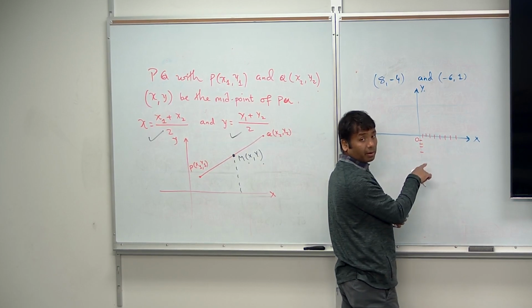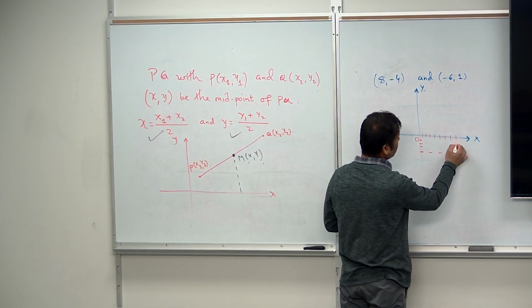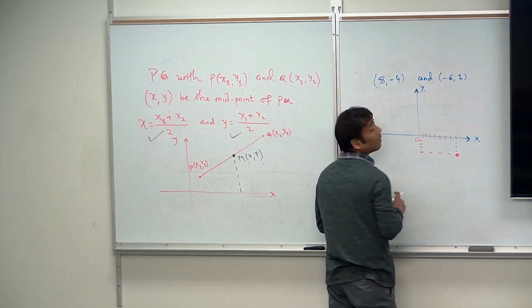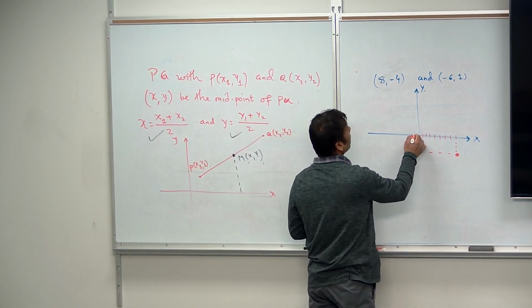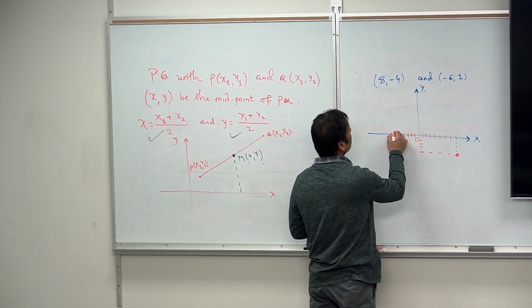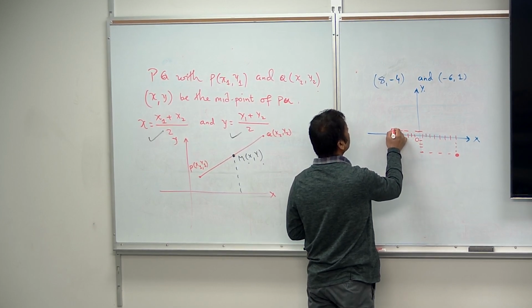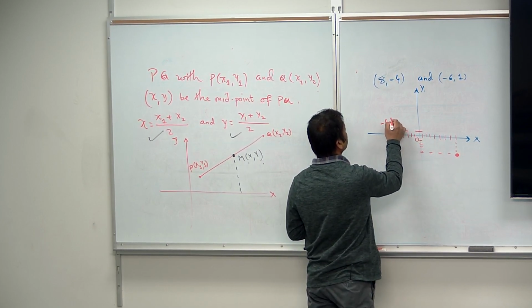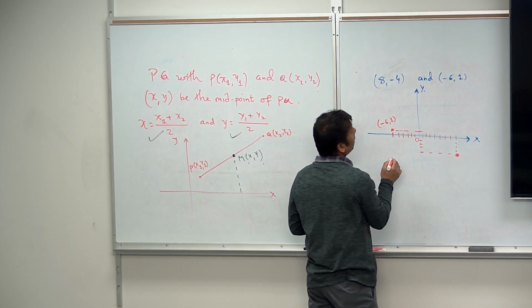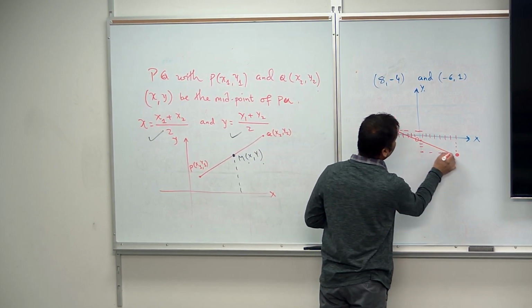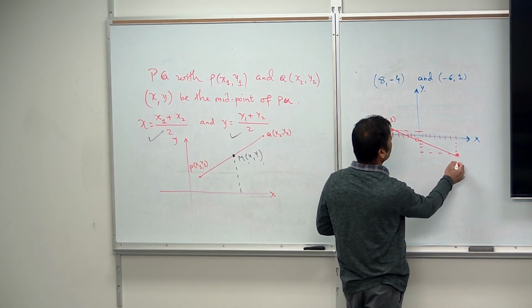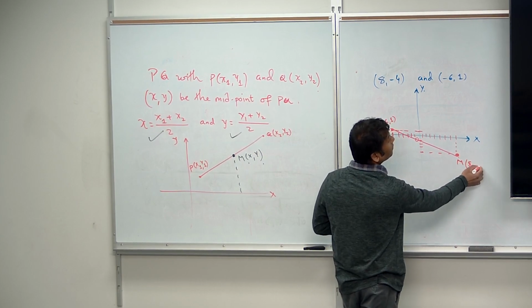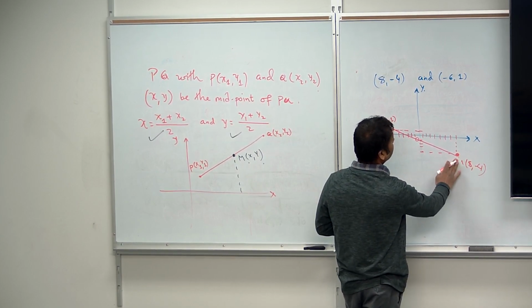This is not to scale, okay? I'm just estimating this. Somewhere here, right? Then (-6, 1): negative 1, negative 2, negative 3, negative 4, negative 5, negative 6, 1. So this is somewhere here. Then you join them like this, right? So this is (8, -4).